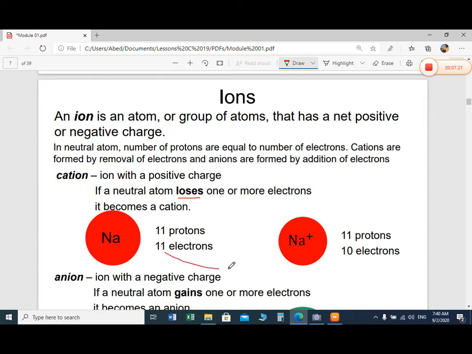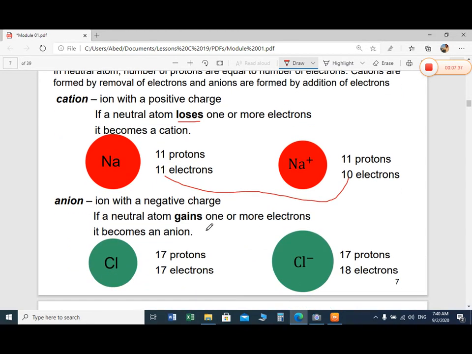When we remove 1 electron, it becomes 10, so 1 positive charge will occur here, so this becomes a cation, sodium positive ion. And for anions, electrons are gained or added to the atom, so here 17 electrons change to 18, meaning 1 electron is added, so chlorine becomes chloride, a 1 negative ion, this is an anion.